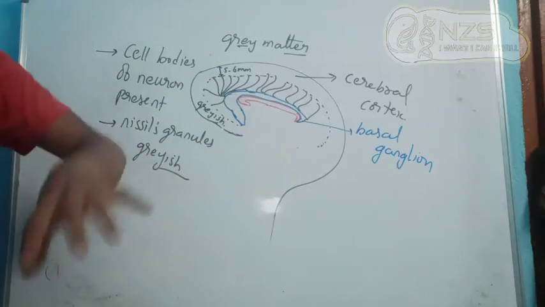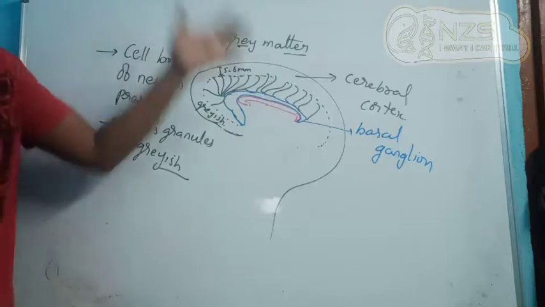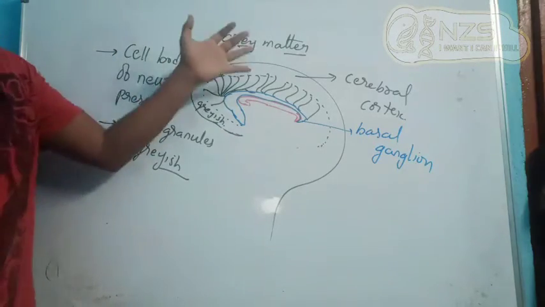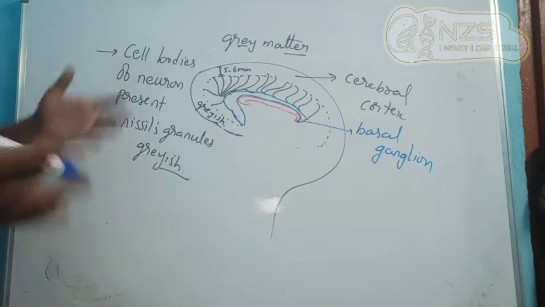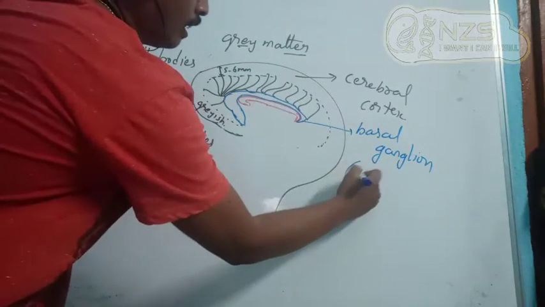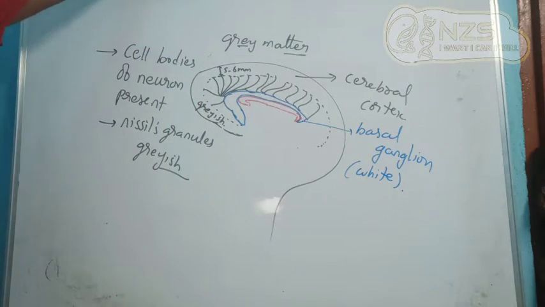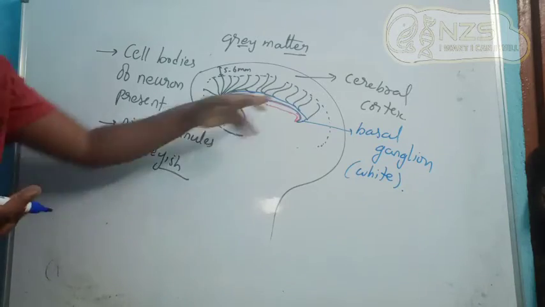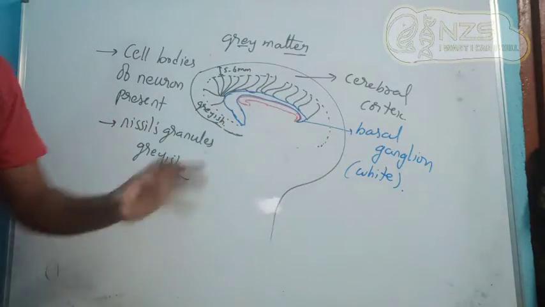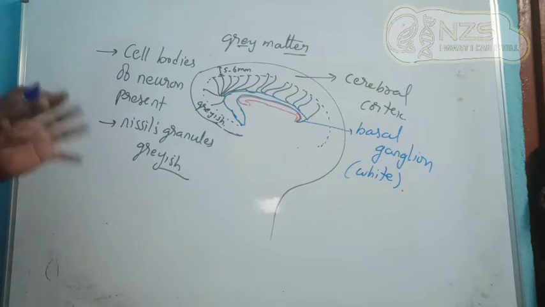We'll discuss that in one more system. But just remember, in the forebrain we can see these two regions. When you cut open, we can see the grey matter and we can see the basal ganglion, which is actually considered white matter. You all know the axons are covered by myelin sheath. The myelin sheaths have fat in them, so fats are always white in color. So this basal ganglion will appear somewhat white or creamish white in color, right?